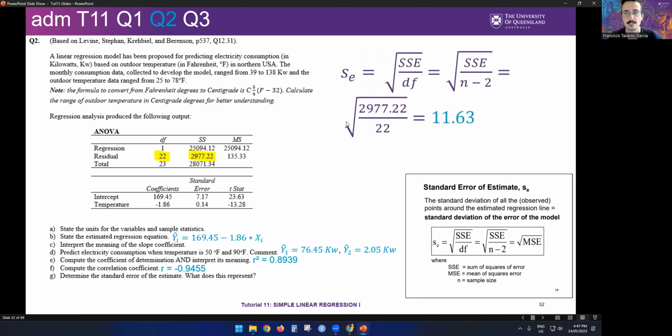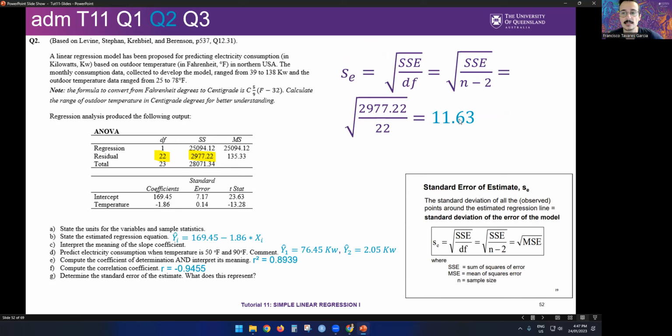Okay, so let's go. The standard error of the estimate is the sum of squares of the estimate divided by degrees of freedom, square rooted. Degrees of freedom, remember, the residual is 22. Oh, sorry, it's already there. N minus 2, our N would be 24, but N minus 2 is there, so 22. And our sum of squares of the estimate is this residual here, the one that is left.